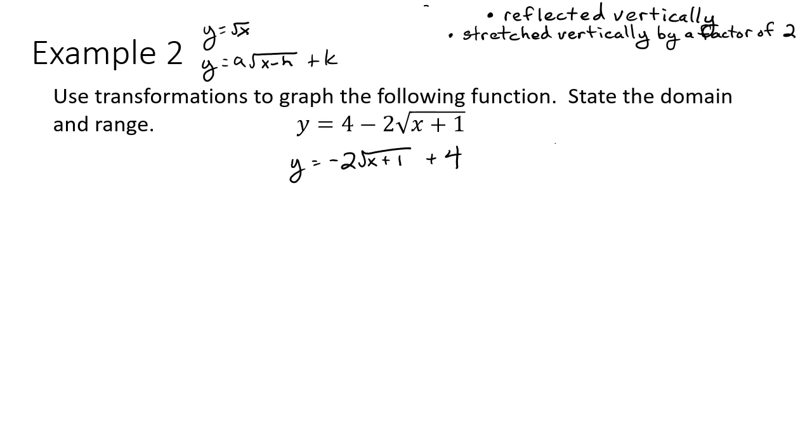And truth be told, both of these transformations will take place at the same time. We're not going to picture those individually because, again, we're basically just going to multiply all of our y values by -2 and call it a day. But these are the 2 effects that are taking place.